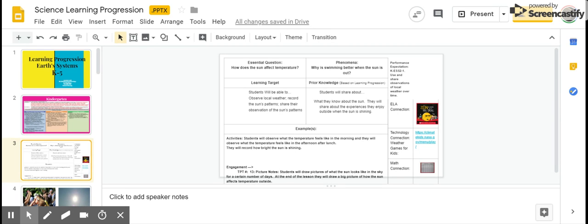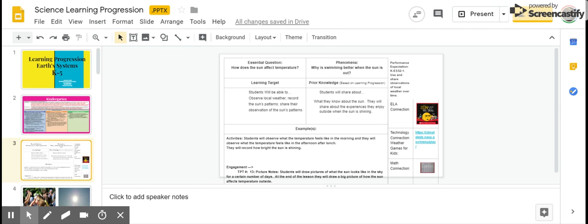They will observe what the temperature feels like in the morning, and then they will observe what the temperature feels like in the afternoon after lunch. So they're going to create a pattern of how the sun affects the temperature outside in the morning and after lunch. And then they will record also how bright the sun is shining.